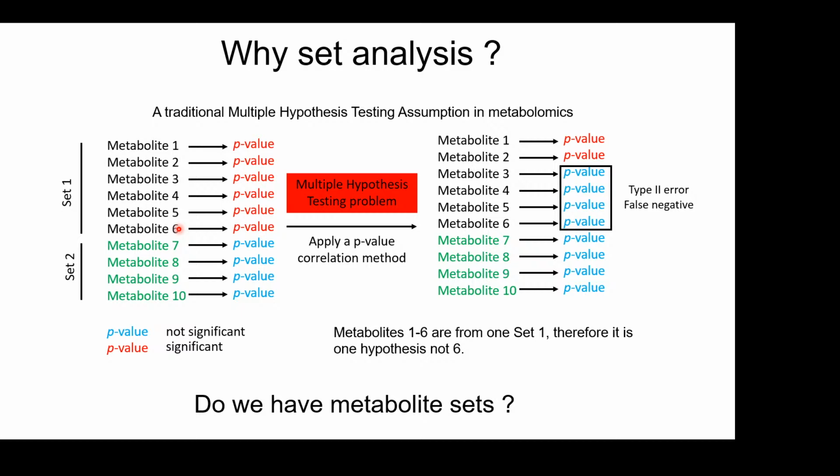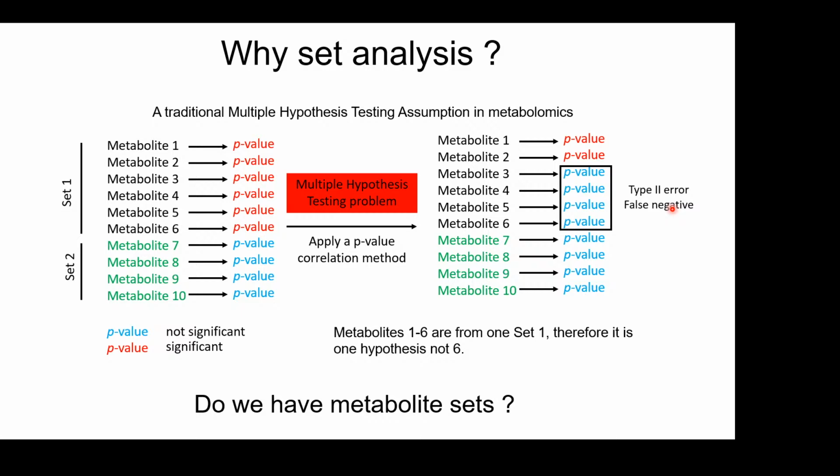That's why we need to do set analysis, so we do not increase the type II error, the false negatives, and do not miss new biological insights from our data sets.